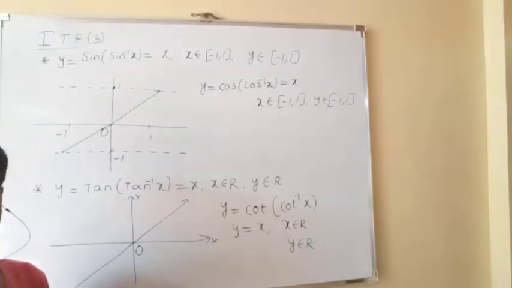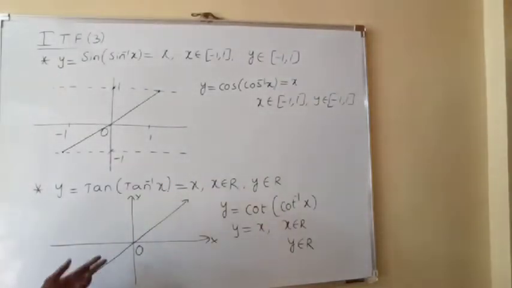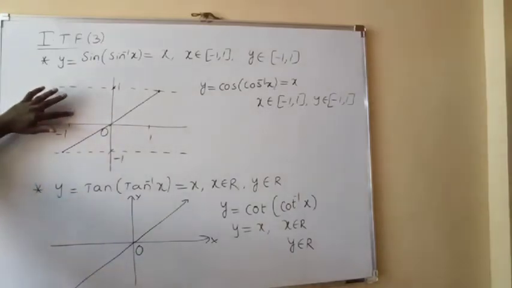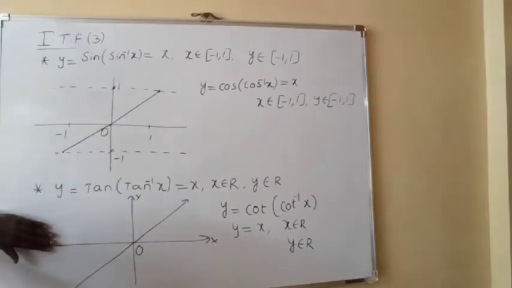So the graph of cot of cot inverse x is also the same as this. This is the graph of y is equal to sine of sine inverse x as well as cos of cos inverse x. This is the graph of y is equal to tan of tan inverse x, the same as cot of cot inverse x also.